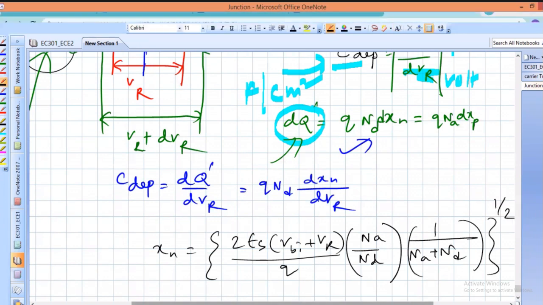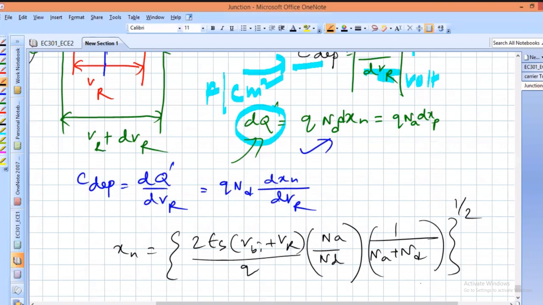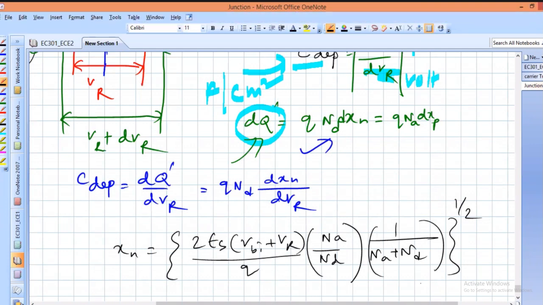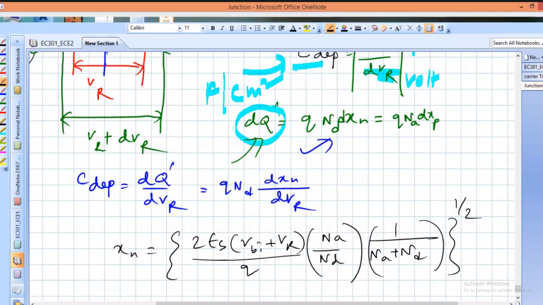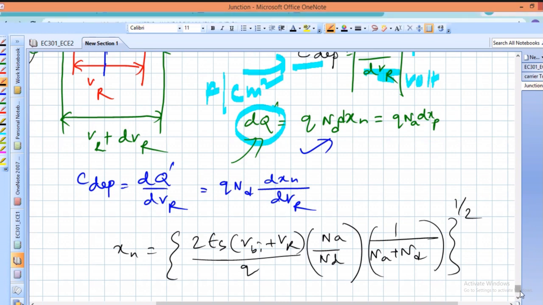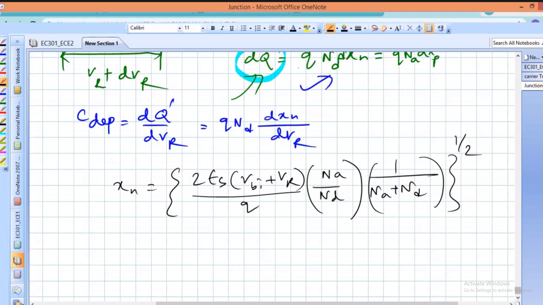This is the equation of the depletion region width along the inside of the junction. So we will take the derivative of xn with respect to VR. Let's take the derivative.